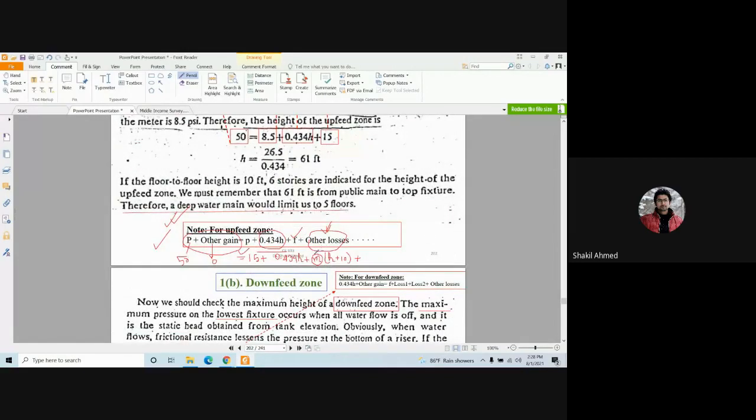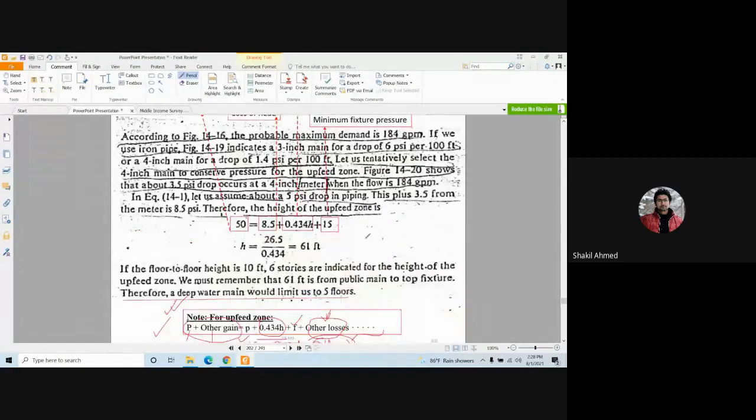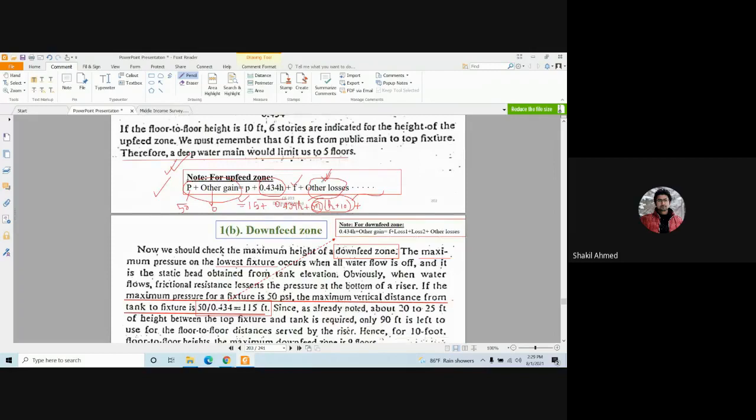So you can assume a value for this. For example, let's say 8 psi, 9 psi, or something like that. Here they're assuming a 5 psi drop in piping from experience, plus 3.5 from the meter. Total is 8.5. That means your friction loss is m into h plus 10.